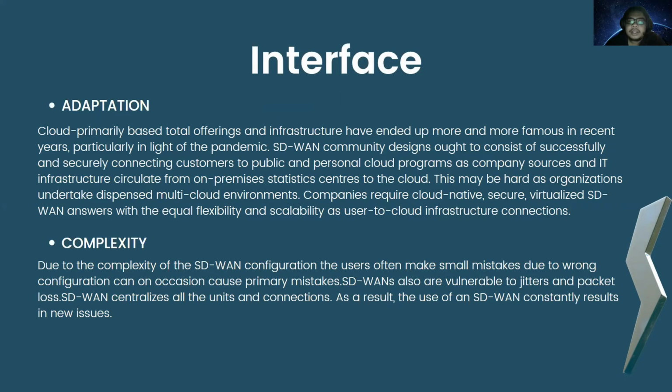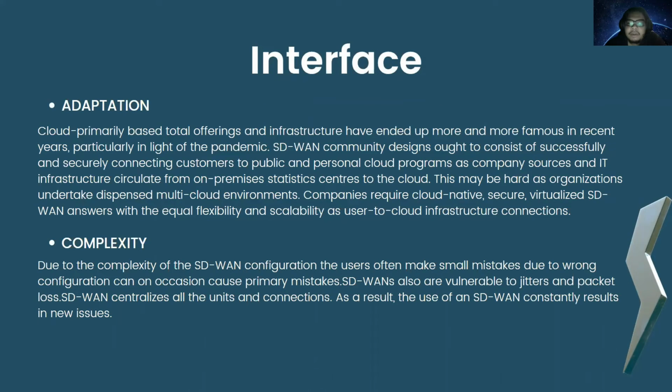So SD-WAN network design should include successfully and securely connecting users to public and private cloud applications as a company's resources and IT infrastructure move from an on-premise data center to the cloud. This may be hard as an organization adopts and distributes multi-cloud environments. So companies require a cloud-native, secure, virtualized SD-WAN solution with the same feasibility and scalability as a user-to-cloud infrastructure connection.